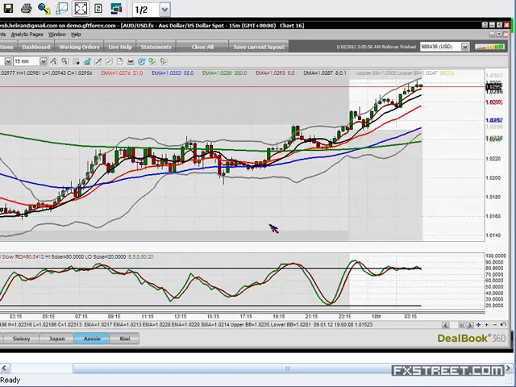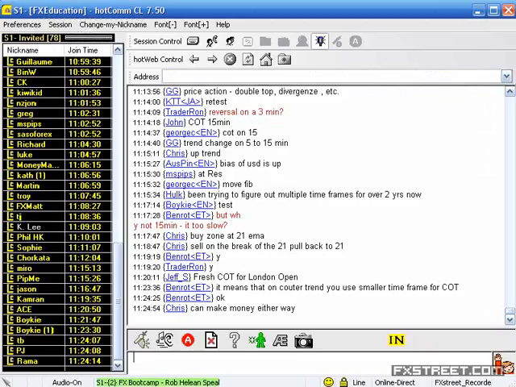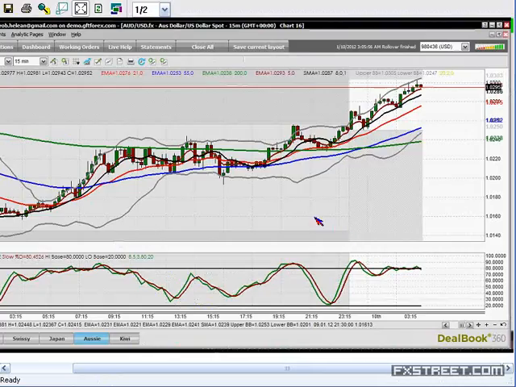There's no perfect combination or methods or anything. Otherwise, we would find out about it and we'd all trade it and we'd all be trillionaires. Okay? So we need to understand that. And sometimes some oscillators will work better than others.